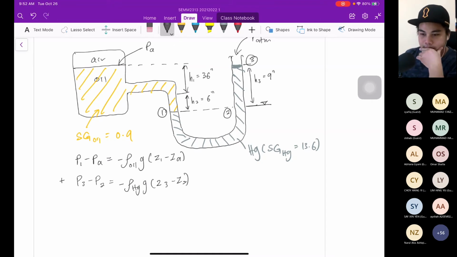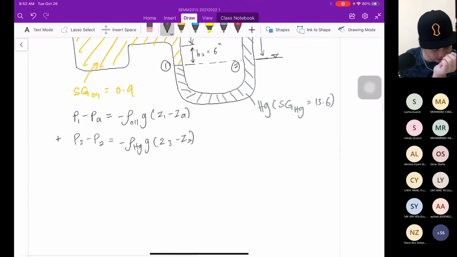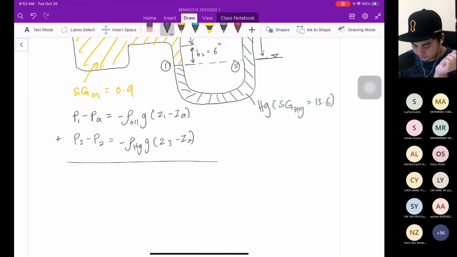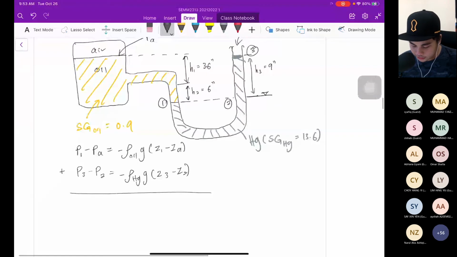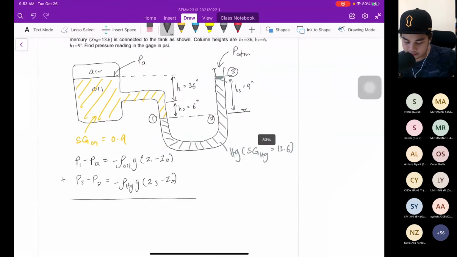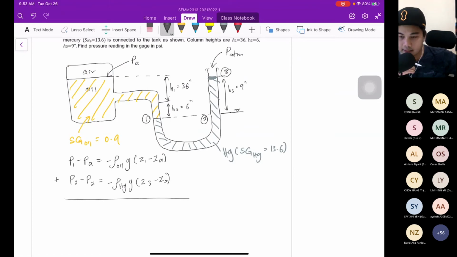Alright. Okay. So from here, we can do the calculation. How to get the density of mercury and density of oil? Do you still remember our basic parameter we learned during the last class?